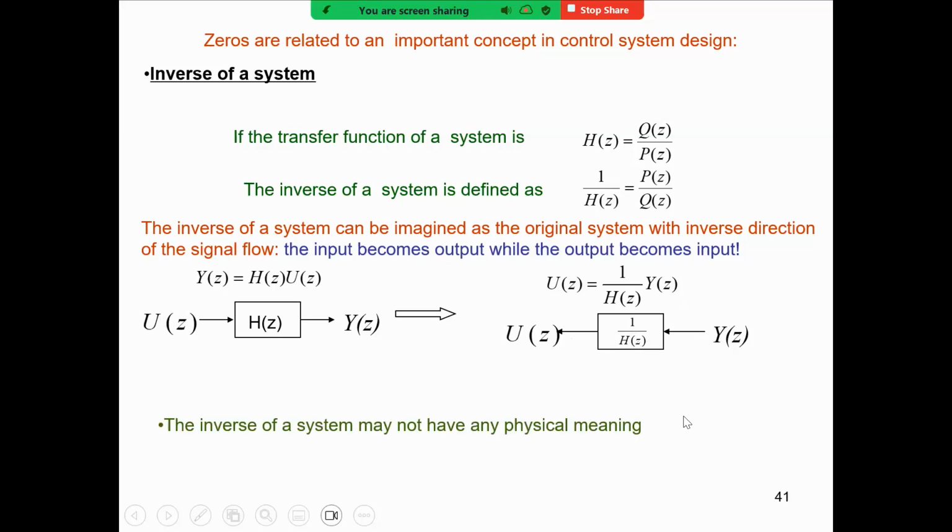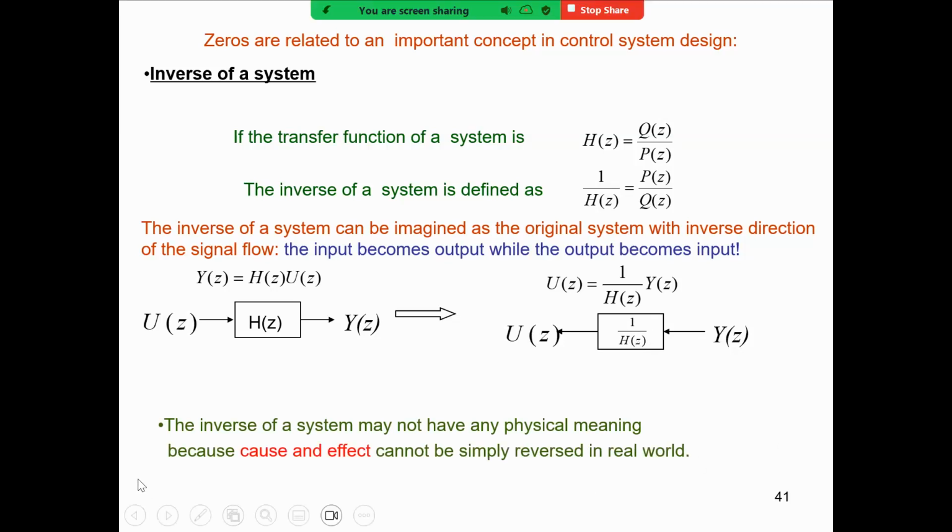Of course, you will say, hey, it may not have meaning. The inverse of the system may not have any physical meaning. When you drive the car, your input is your steering wheel, right? The output is the heading of your car. How come you cannot say the heading of the car decides my steering wheel? Does it make sense?